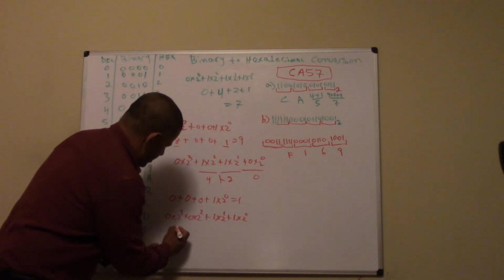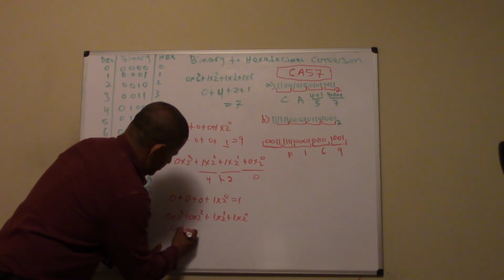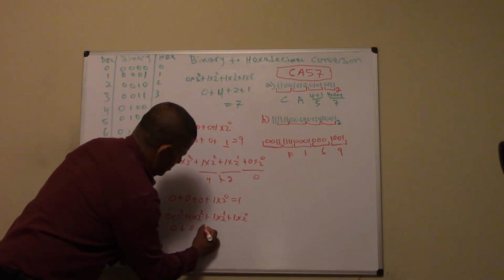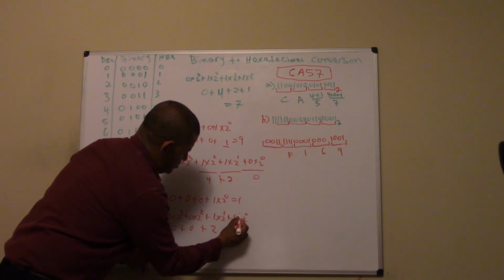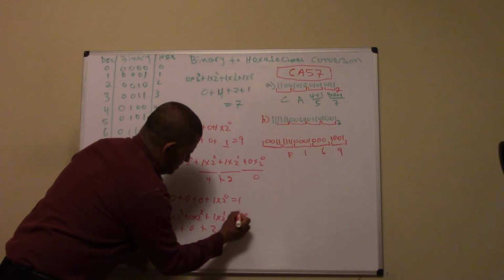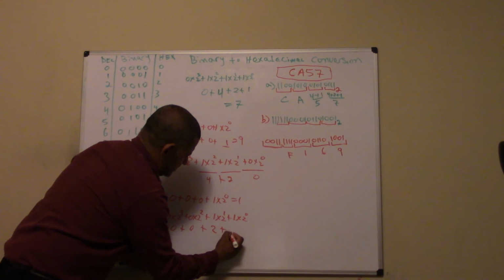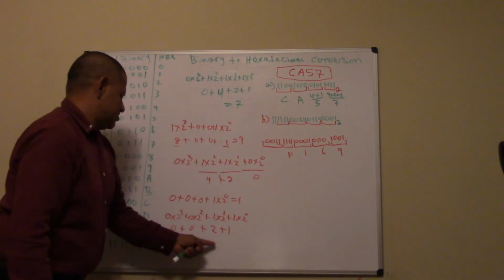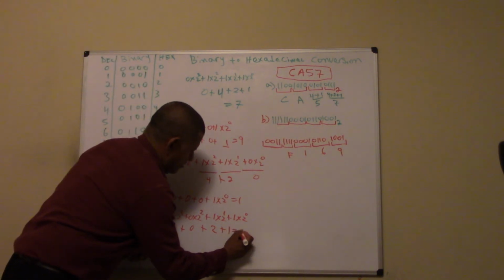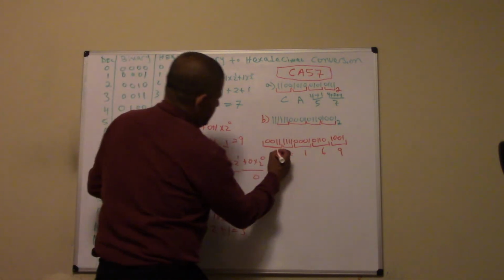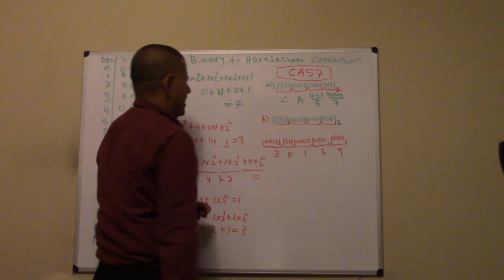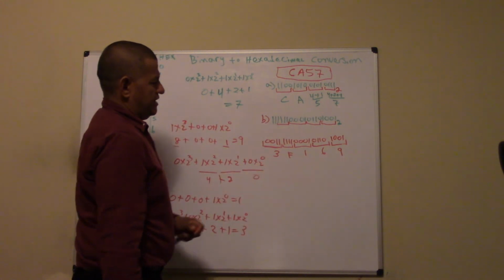So 0 plus 0 plus 2, and then 1 times 2 to the 0 power is 1, right? So then you add them together and you get 3. Okay, and that's the number in those 4 bits.